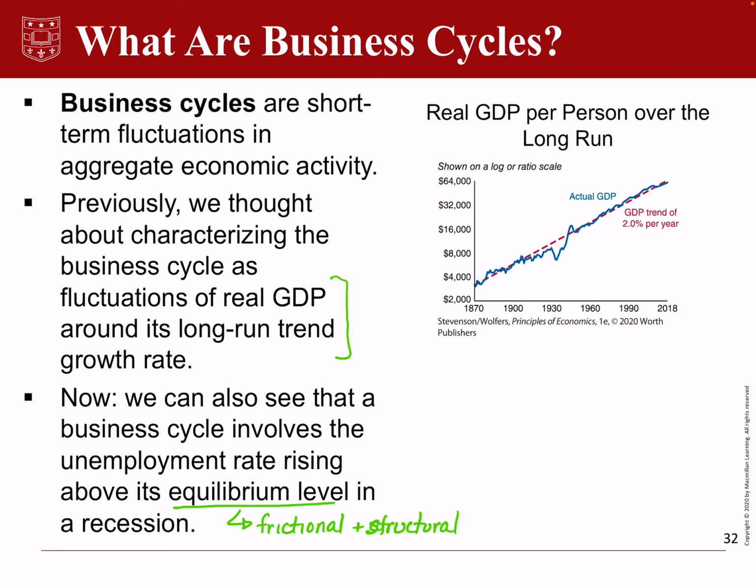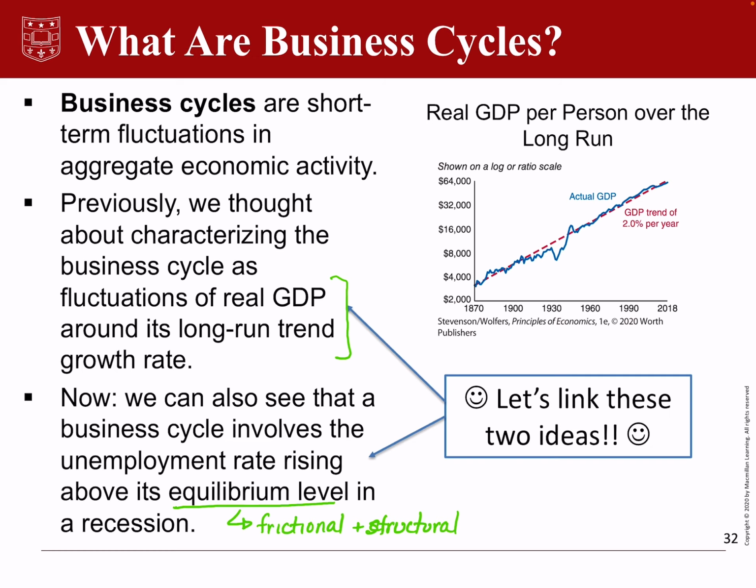So a business cycle involves the unemployment rate rising above its equilibrium level, which is the sum of frictional and structural unemployment, when we have a recession. So in other words, we are adding in the presence of cyclical unemployment. What I want to do right now is link these two ideas.